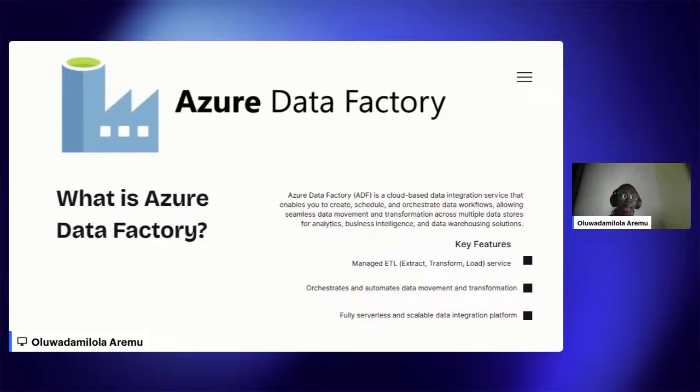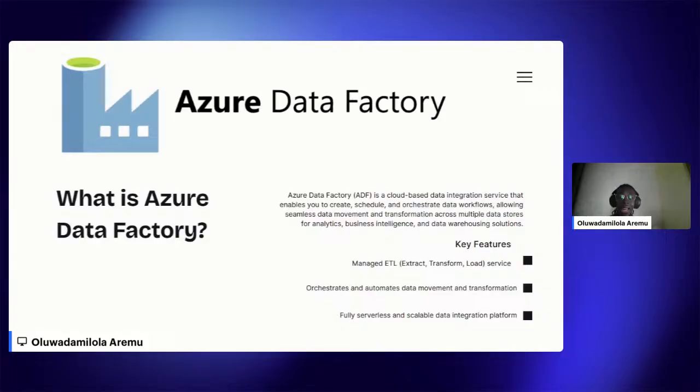And some of the key features of Azure Data Factory are managed ETL, meaning you can use it to extract, load, and transform your data, like we said before. So imagine your data entering the pipeline, raw information, and then you clean it. After you clean it, you maybe take out missing data, change it to exactly the format that you need it to be at the destination point.